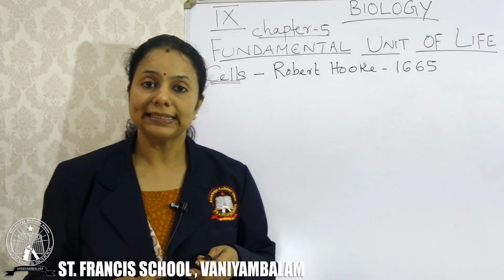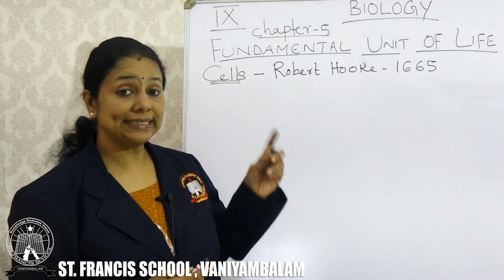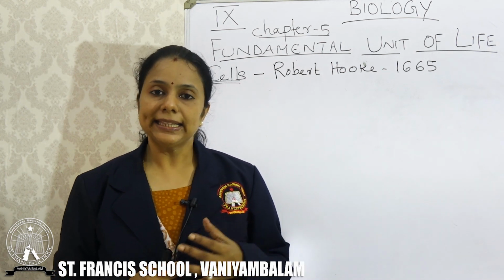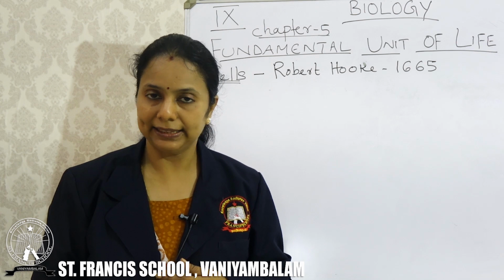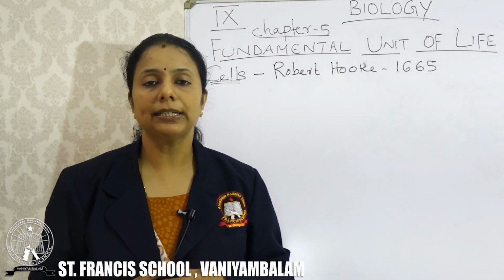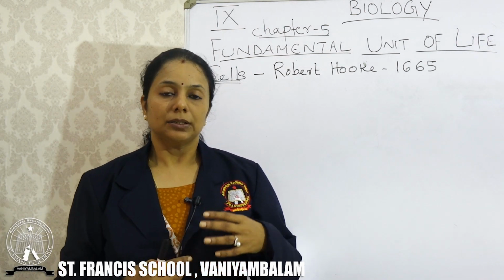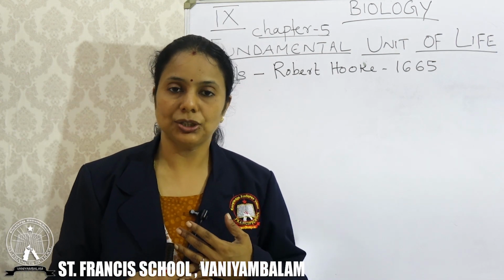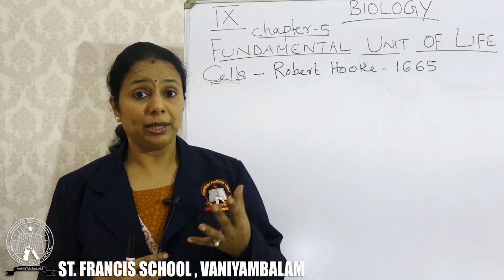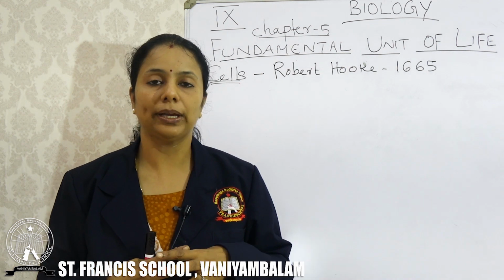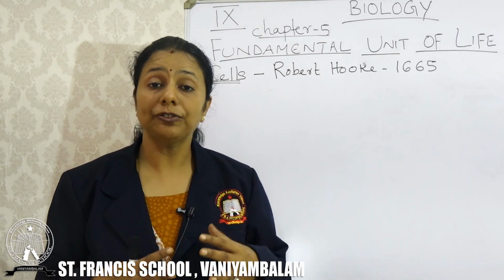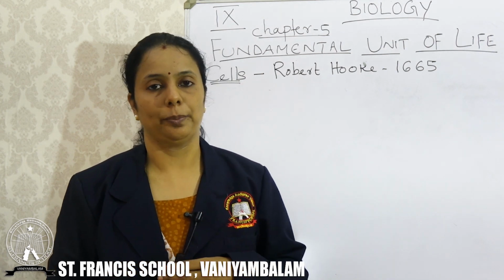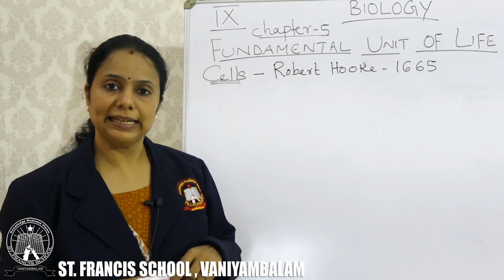In the last class we also discussed cell theory and modern cell theory, and different types of cells. There are different types of cells according to their shape, and the shape of the cells differs according to the functions they perform. That is all we learned in the last class.